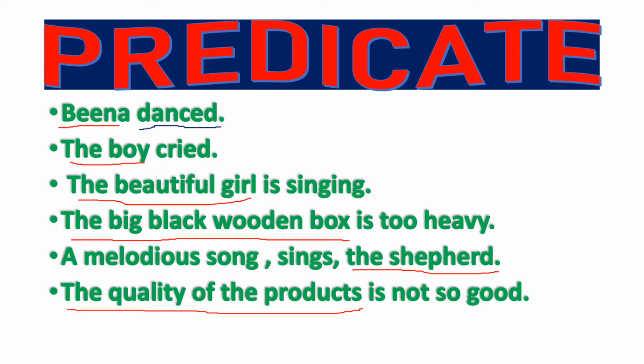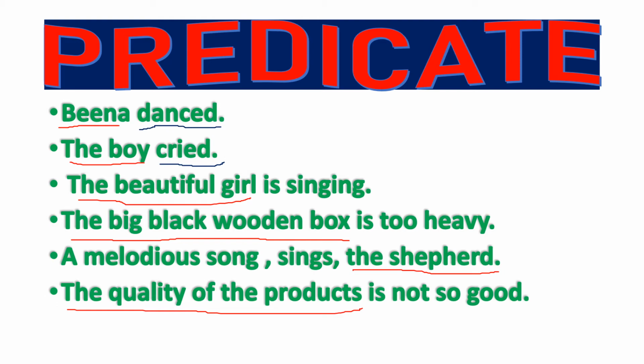Coming to the second sentence, the boy cried. We identified the boy as the subject. What remains after isolating the subject? Cried is the remaining portion of that sentence. So cried is the predicate of that sentence.